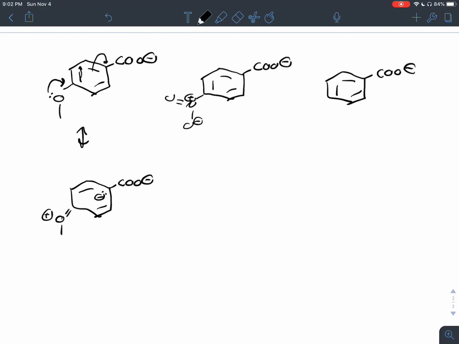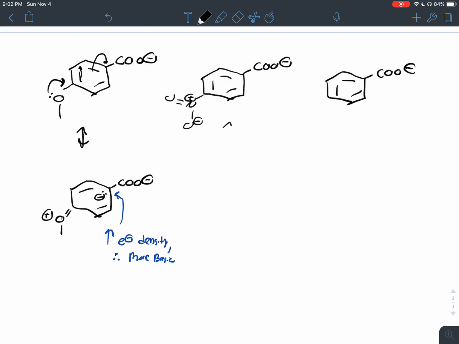That charge increases electron density, therefore more basic.